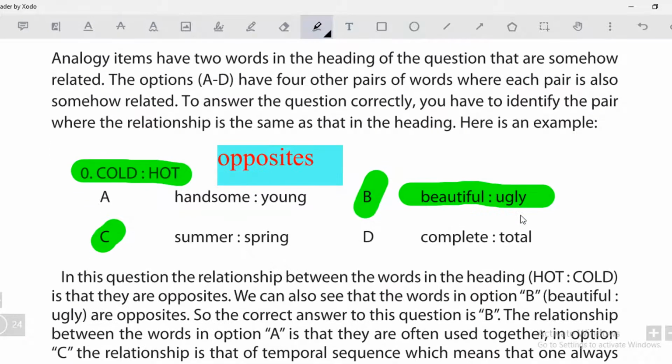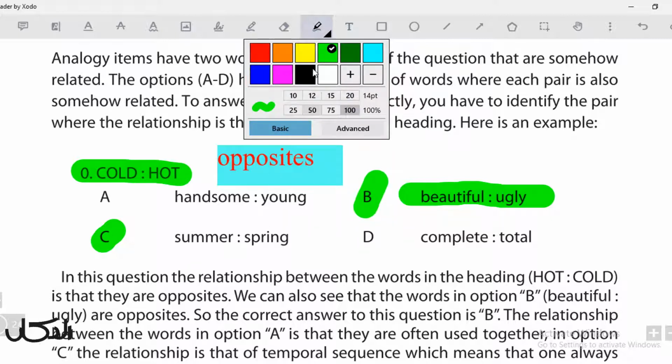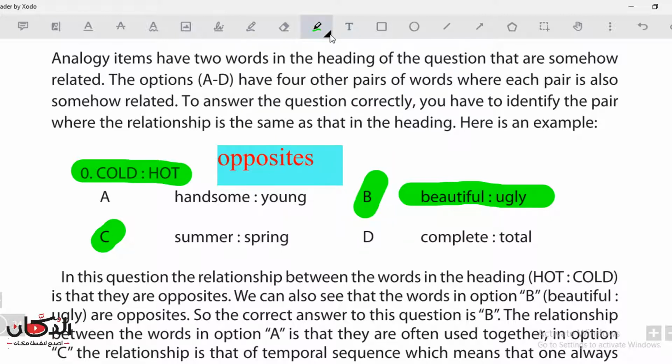During the test, think of the pairs. Sometimes you will find more than one pair with the same relationship, but your role is to find which one is closer to the meaning, which one is related to the meaning more.